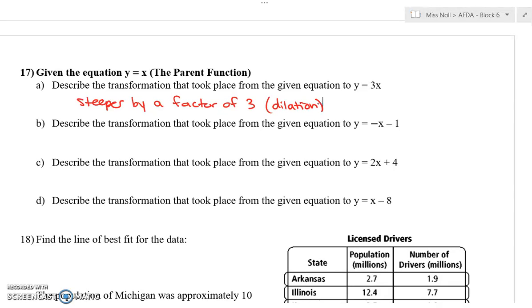So if we look at letter B, we have a negative here in front of the x. So that's going to reflect or flip over the x-axis. And then this -1 here, that's changing the y-intercept. So that's taking the graph and it's just shifting it down 1 unit, or translating it down 1 unit.